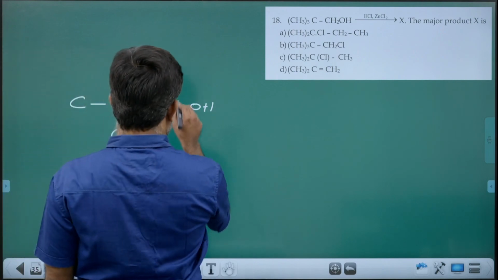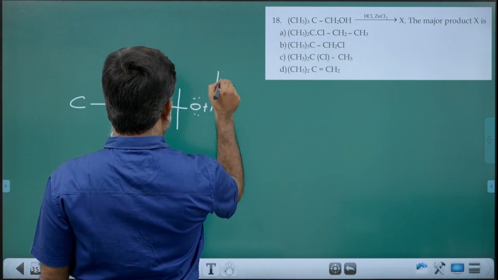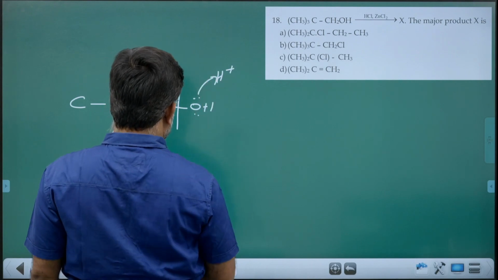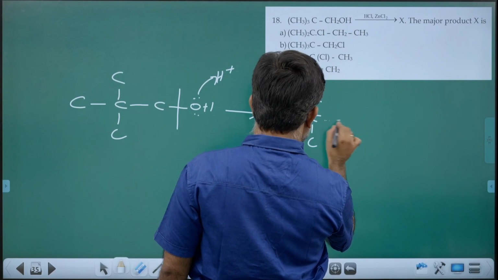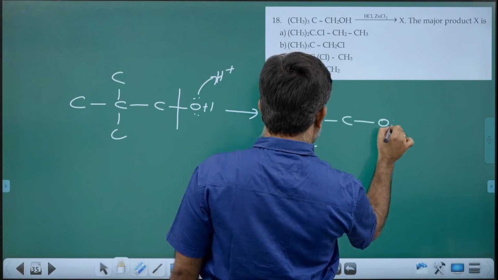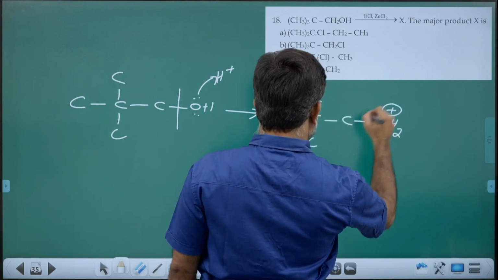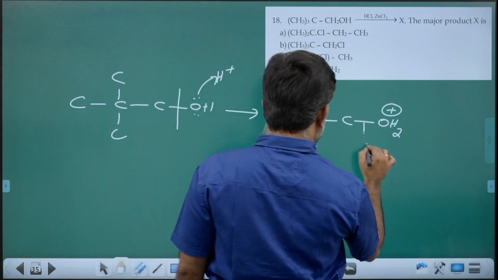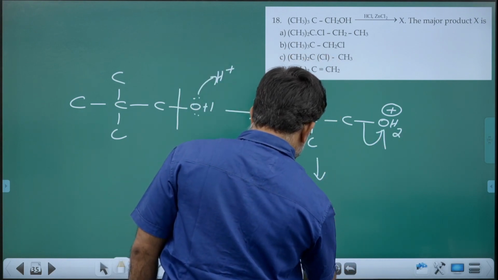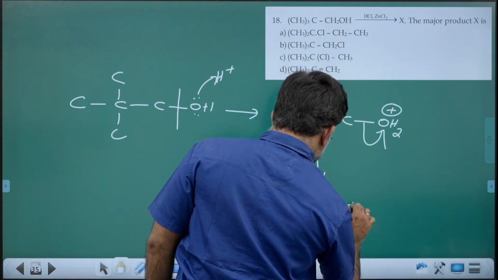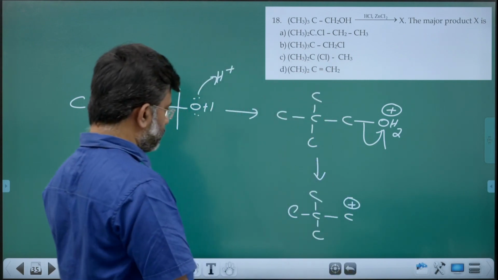Now, this is getting protonated by HCl, and I think you are okay with the skeleton I am drawing. It becomes like this, protonated alcohol. Immediately it loses water and you get a primary carbocation.